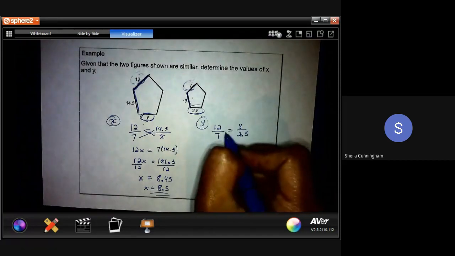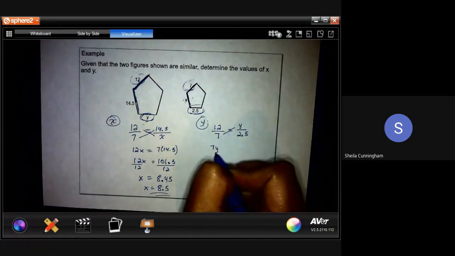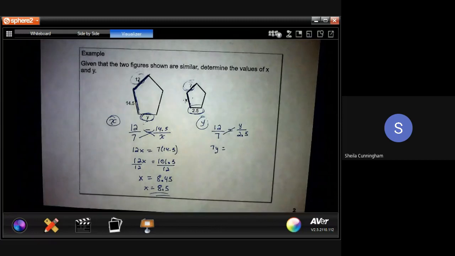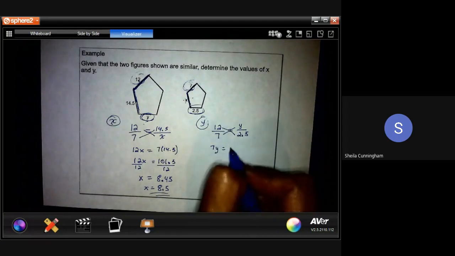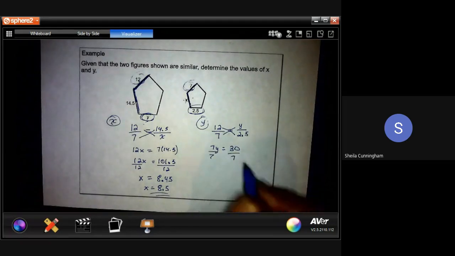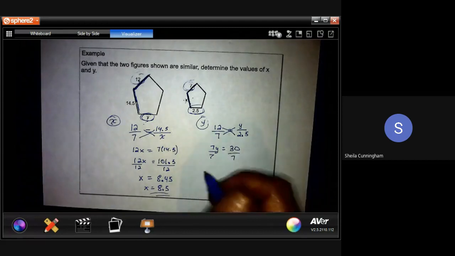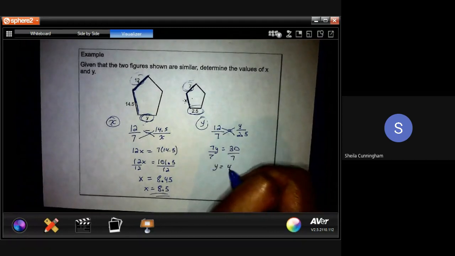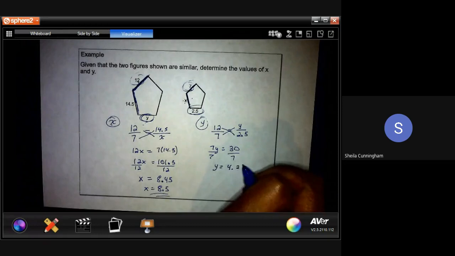So same thing, I'm going to go through, do my cross multiplying. So 7 times the Y, and I've got the 12 times the 2.5, which works out to 30. And now if I divide both sides by 7, I'm going to take the 30, divide by 7, and I'm getting Y is equal to 4.28.